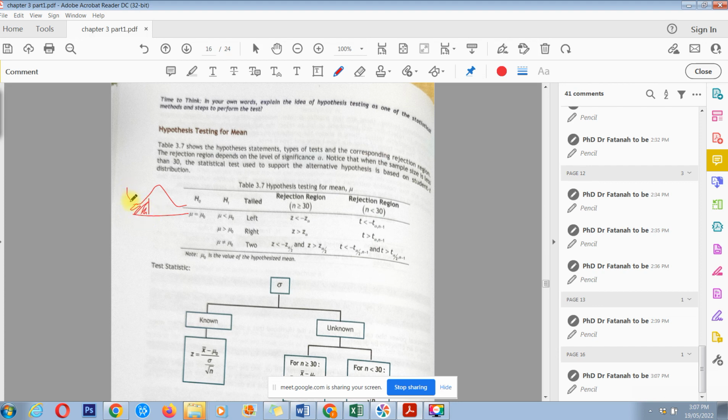Okay, this area of rejection here, and this is z alpha. So that's why here you want to reject this area, meaning if the z we calculate is inside here, less than z alpha, it goes to this rejection area, so that we reject the statement.